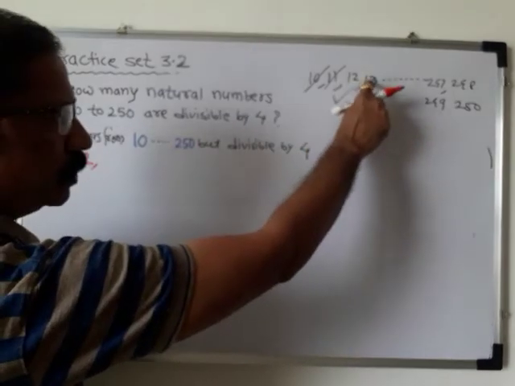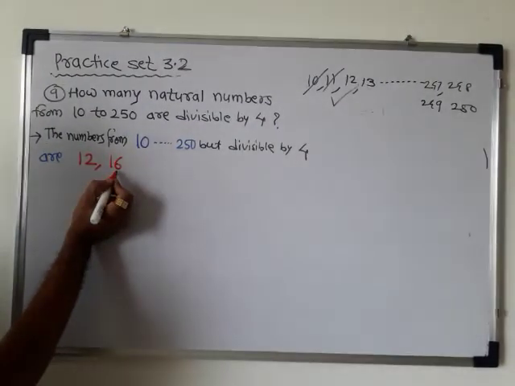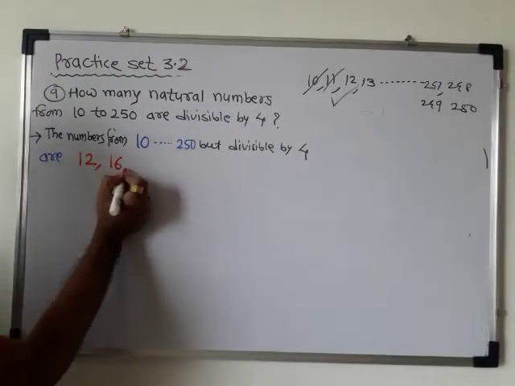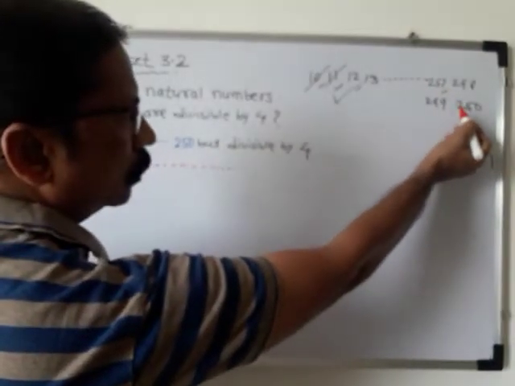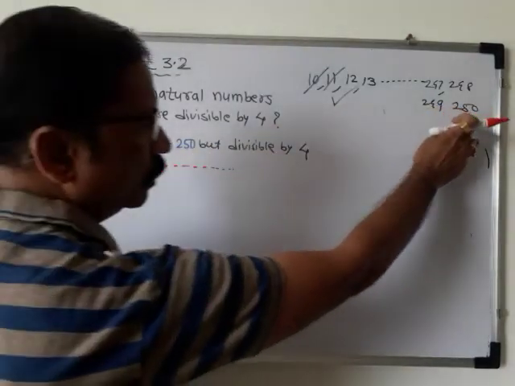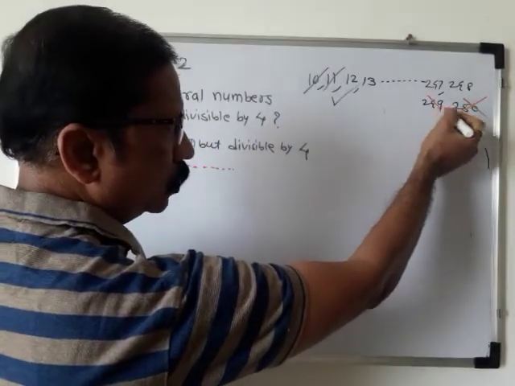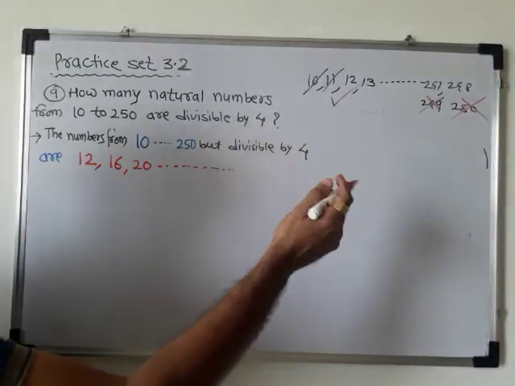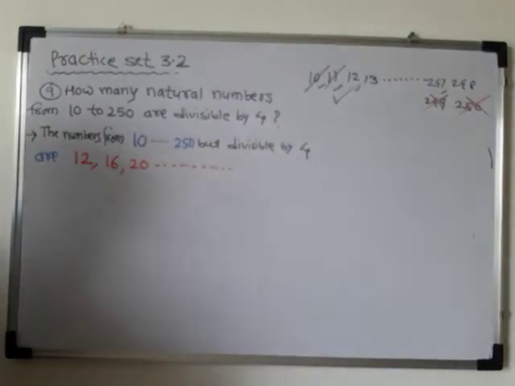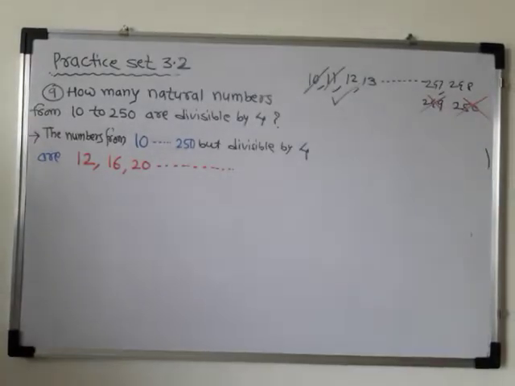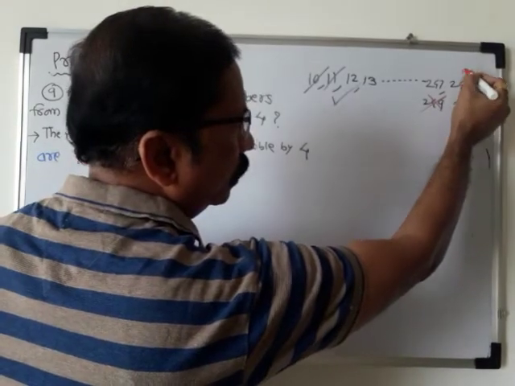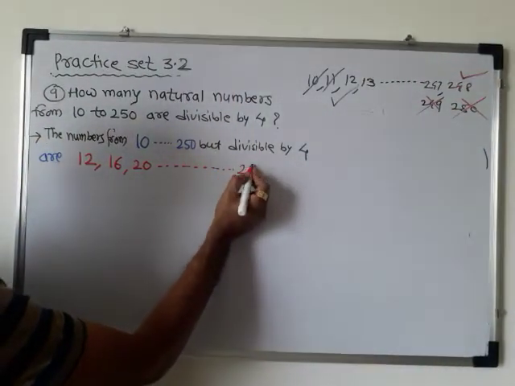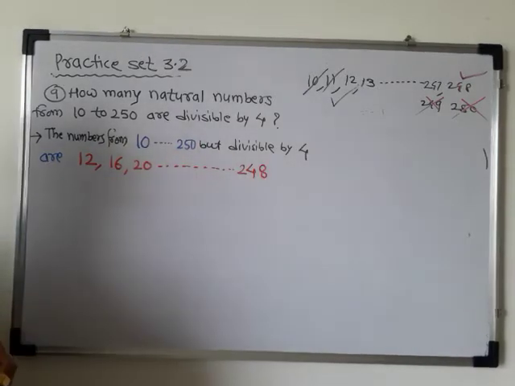Then after 12, 13, 14, 15, 16 means there is a difference of 4. 12 plus 4 is 16, 16 plus 4 is 20, like this. Again, if you observe, 250 is the last number, which is not divisible by 4. It is also not divisible by 4. You have to check orally whether that number is divisible by 4 or not. If you observe, 248 is divisible by 4, so our last term is 248.